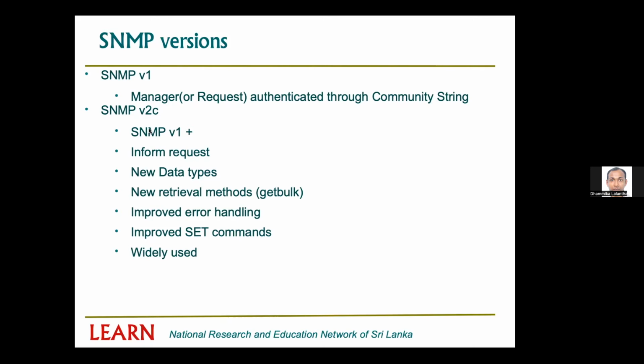In SNMP version 1, there were few operations, and it has improved error handling and improved set commands. Version 2 is still widely used in network management and tools.